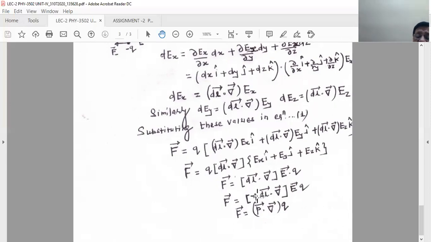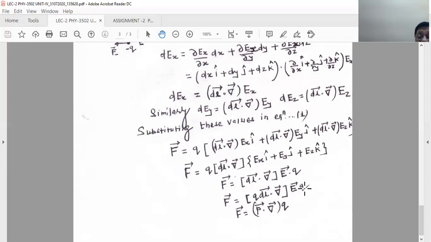So please try to understand this expression: the force acting on the dipole will be equal to the scalar product of vector P with the del operator, and this scalar product operates on the external electric field E. Please remember, there is a printing mistake at this step, and there is a printing mistake at this step.